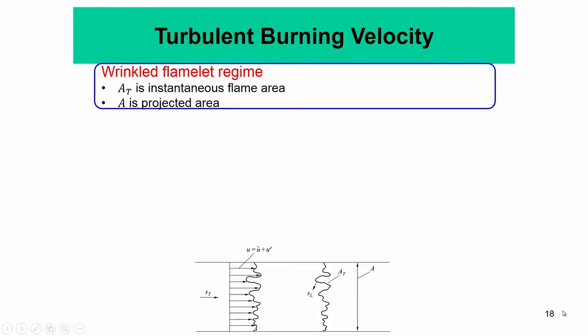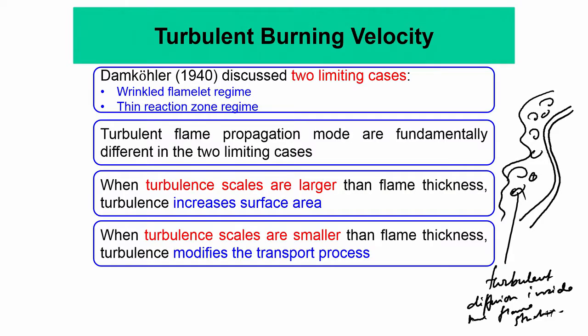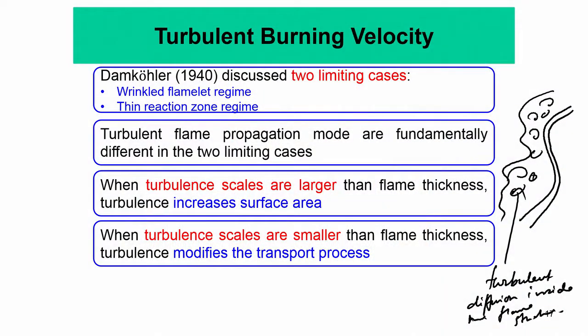Okay. So, that is one possibility. Of course, when you look into this in a statistical way, that is if you can convert these different flame structures into a statistical 1D structure, then also you will see that this turbulent diffusion will play a major role in controlling the diffusive processes inside the preheat zone of this turbulent premixed flame.